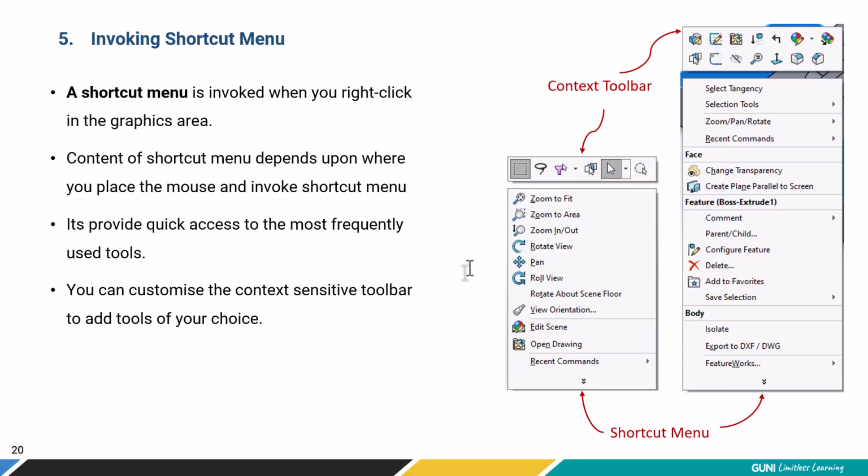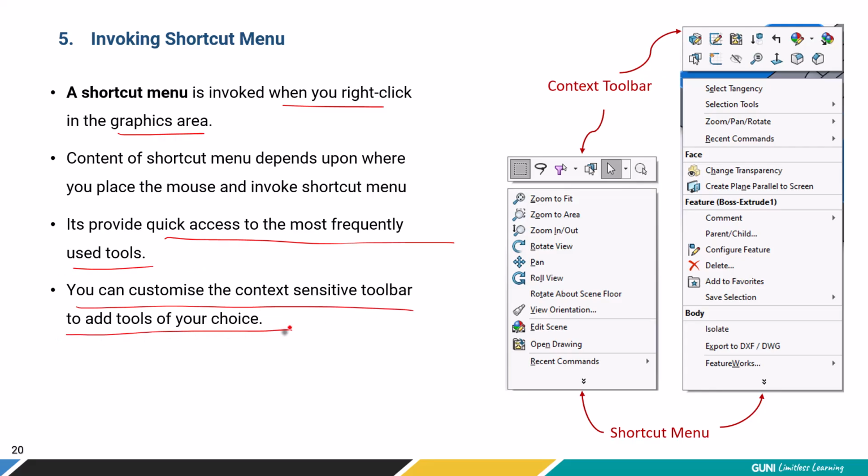Invoking the shortcut menu will help you achieve many functions very quickly. It is invoked when you right click on the graphics area. It is context sensitive. If you are in a sketch environment, it will offer sketch related shortcuts in this right click menu. So it provides quick access to the most frequently used tools. You can customize this context sensitive toolbar by adding tools to it.